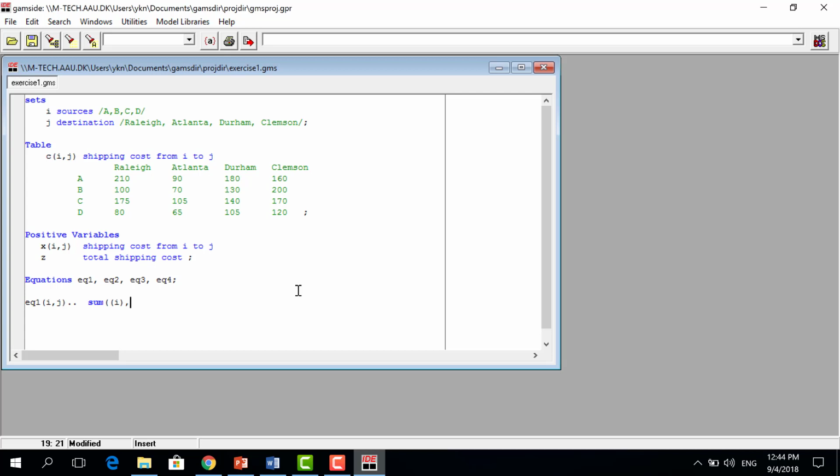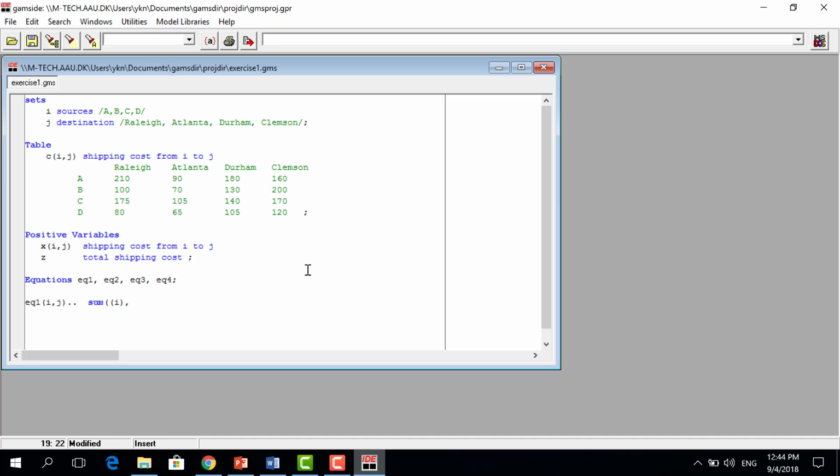We define this as EQ1. In making the definition of your equation, you should ignore everything involved in the equation. You can just state the name of the equation because it is already recognized later in your equation definition. So here we have equation number 1, EQ1 IJ.